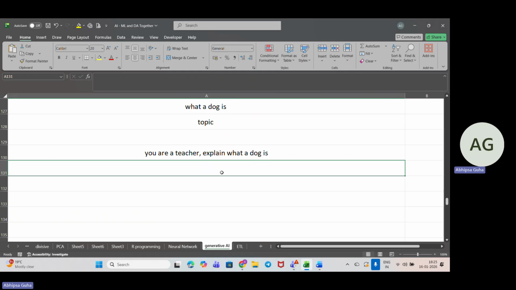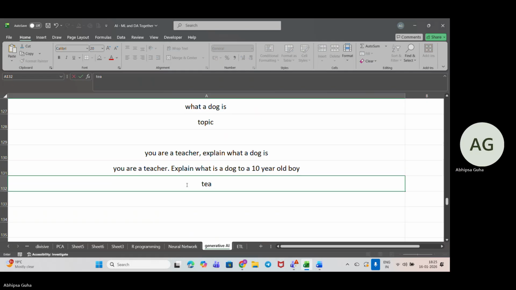Okay. Now suppose you are adding an audience: "You are a teacher. Explain what a dog is to a 10-year-old boy." Here, "You are a teacher" is the teaching style, which is how you want the answer to be.